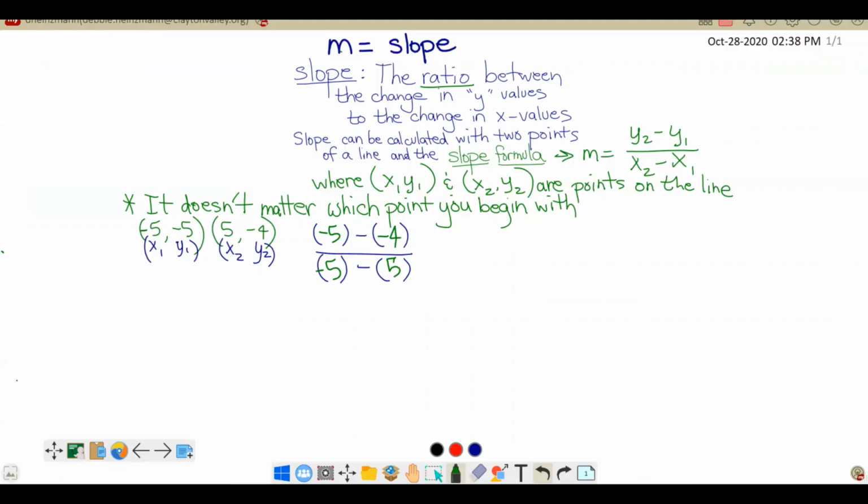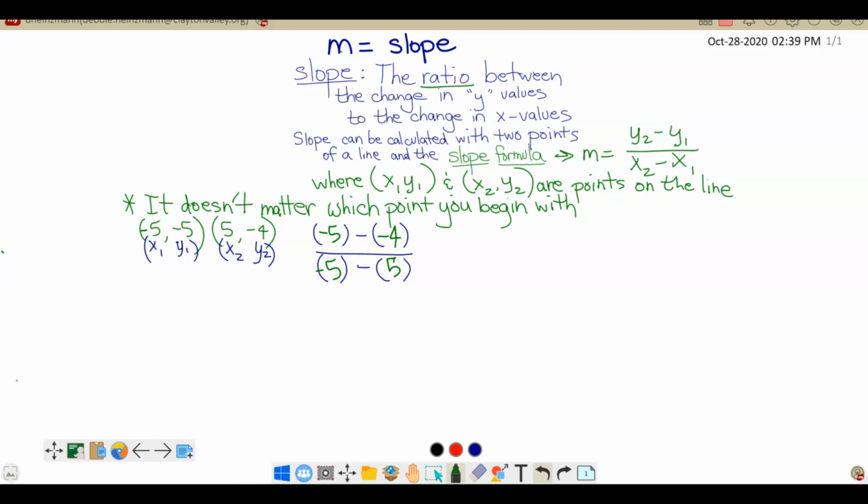Here in this panel, let us formally define what slope is. Slope is a ratio between the change in y values of a linear function to the change in x values. Slope can be calculated with 2 points of a line and the slope formula.